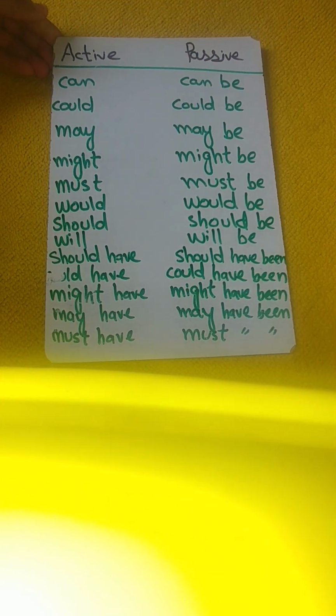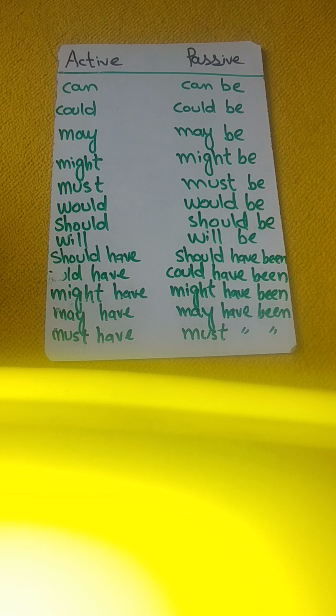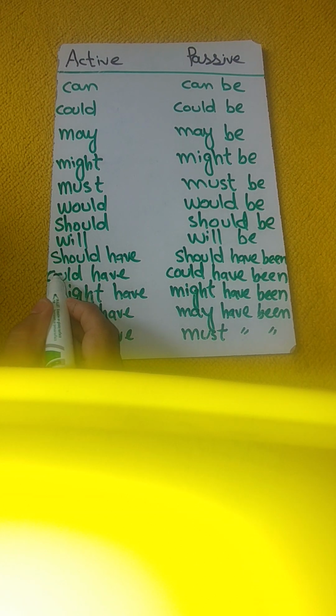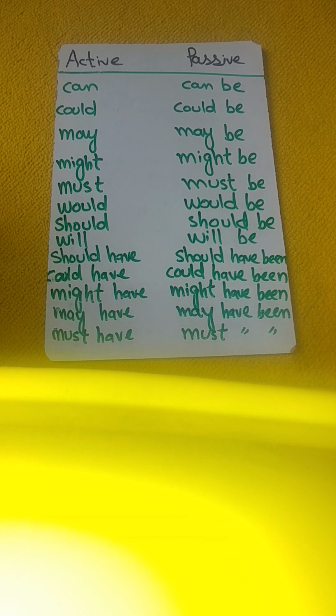As you can see, can, could, may, might, must, etc. These all are the modal verbs in active voice and how we will convert them in passive voice.